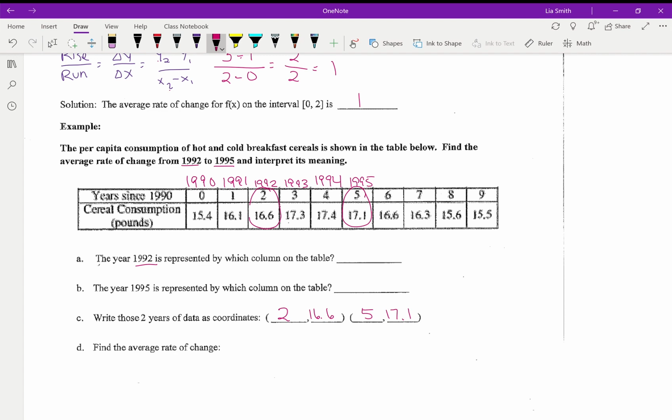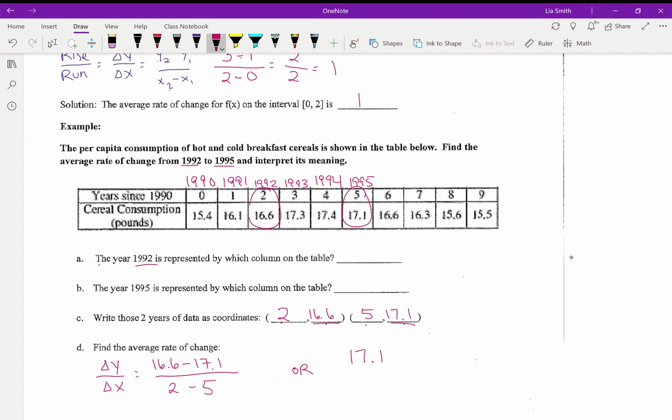And then to find the rate of change, we take the y values and subtract them. So subtract the y values and then subtract the x values. So my y values, now watch what happens. I'm going to do this both ways so that people can see what happens if I switch them. So as long as I stay consistent and I go 1 to 2 and 1 to 2, okay, or let's switch it around.